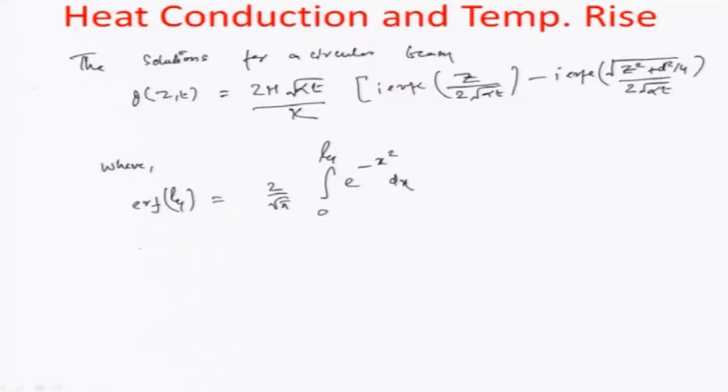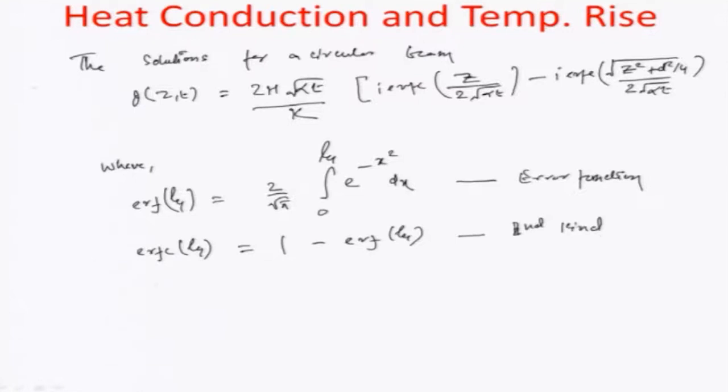The second kind is basically a variation of this error function, and we write it algebraically as 1 minus error function of zeta. This is only for simplicity's sake that we are assuming this.